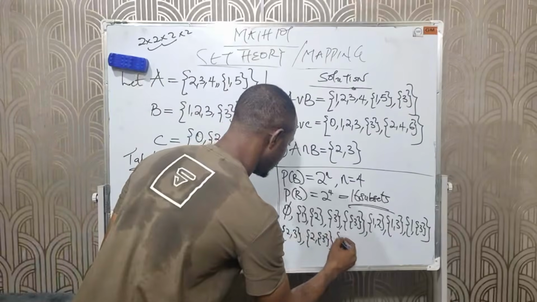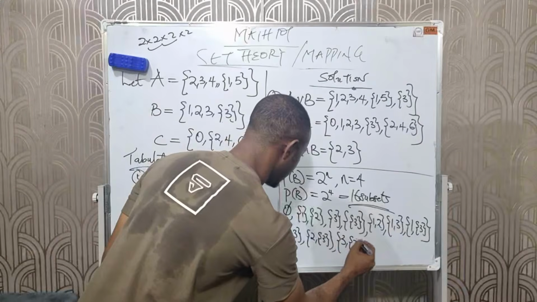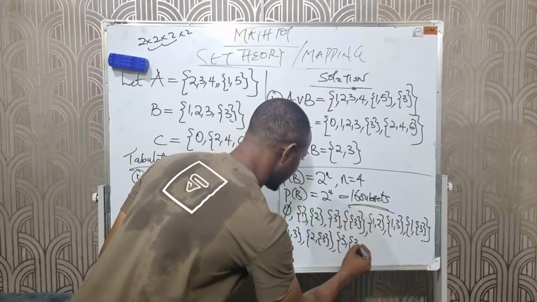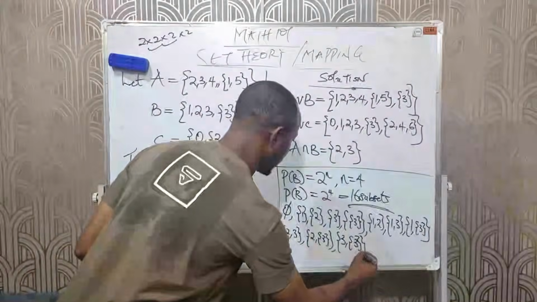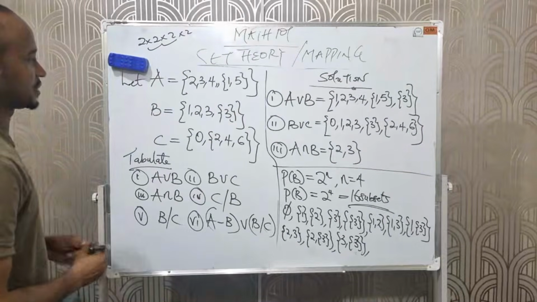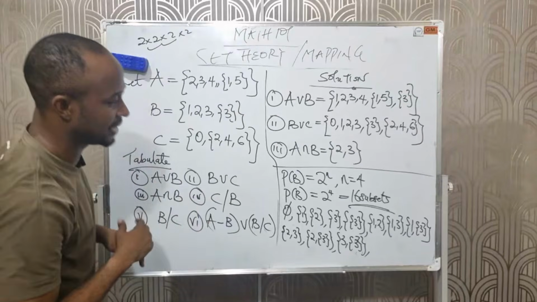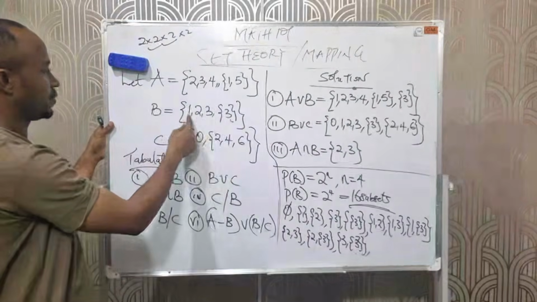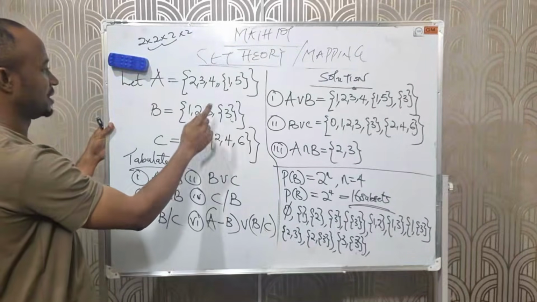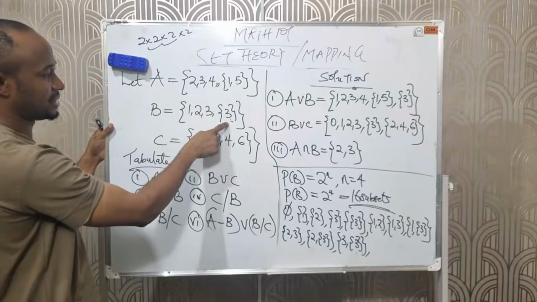Okay, 3 and set 3. Then the next is, let's see if we have exhausted a single set, right? We have done 1, 2, 1, 3, 2, 3, and 3 and set 3.